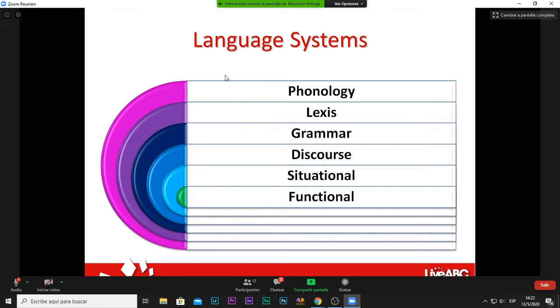And when we speak about function, maybe you have seen this in books, it is teaching students how to call attention, how to ask a question, describing, explaining, defining, etc. So this would be very much what we do with the language. Today, because of time, we're going to be working mainly with phonology, lexis, grammar, and discourse. And as I said a second ago, we're going to work a little bit more on phonology.